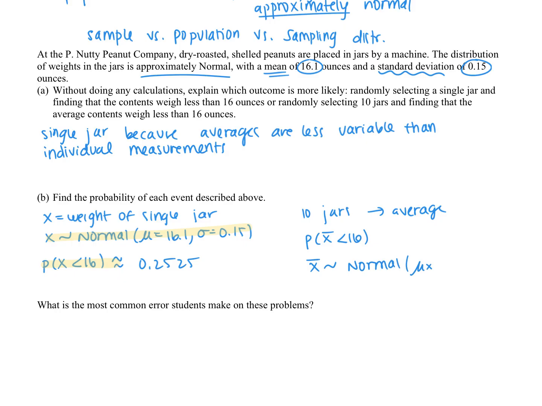The mean of X bar is the same, it's still that 16.1. The standard deviation, though, we've got to take that 0.15 and divide by the square root of n. So now we should see that we're going to get a smaller probability because our standard deviation is much smaller.